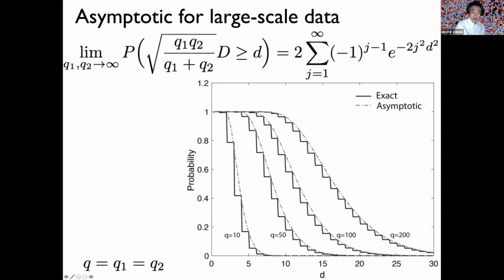And then you can show that this is a very good asymptotic. At least I did this for Q1 equal to Q2. Now, if you plot it, this is the exact probability computation based on this formula, while the dotted line is the asymptotic.